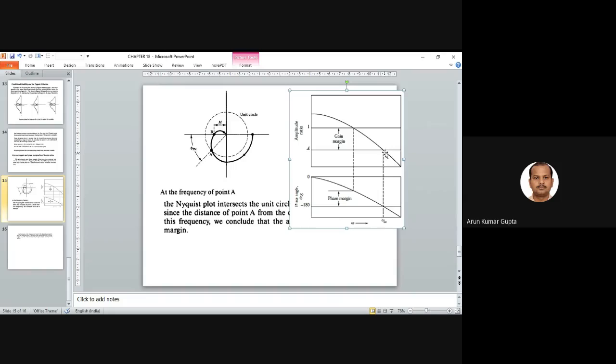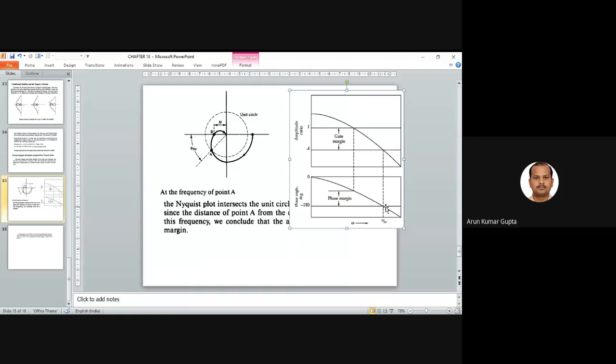Corresponding to this, you will get your crossover frequency, and from here you will draw the amplitude ratio, right? So we are moving to AR equal to 1. Just try to understand this.